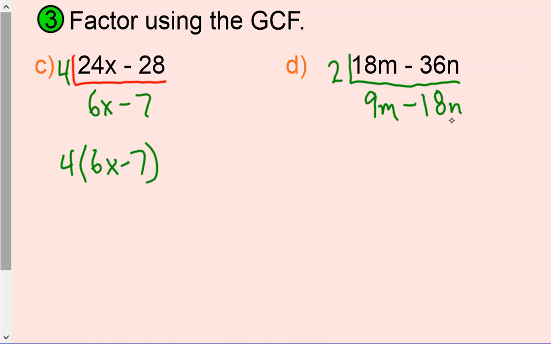And then I know both of these are divisible by 3, so I'm going to put it in the boat again and divide by 3. And 9m divided by 3 would leave us 3m. And negative 18n divided by 3 would leave us 6n.